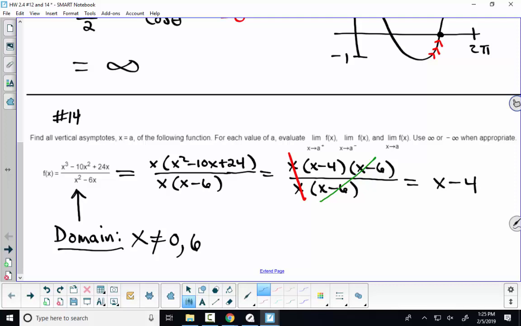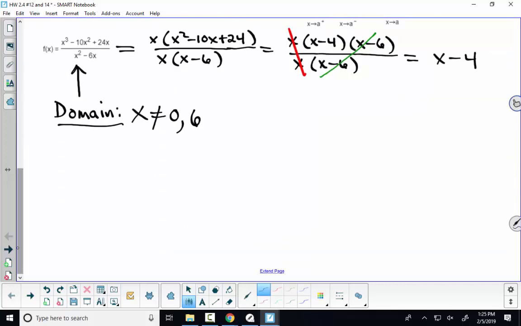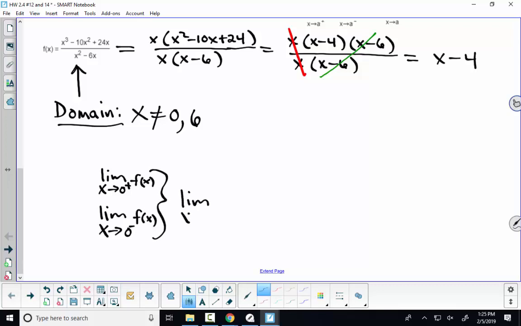So I'm assuming there's a choice that says no vertical asymptotes. But if one of them remained, let's say x remained, then at that point we would compute the limit as x approaches 0 from the right and from the left, and then we could use these two to tell us something about this limit.